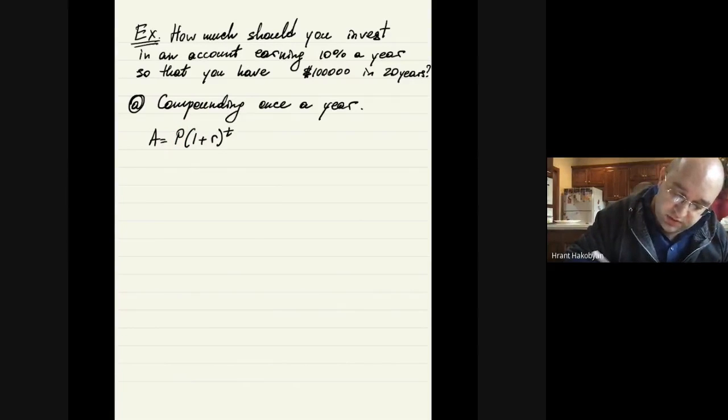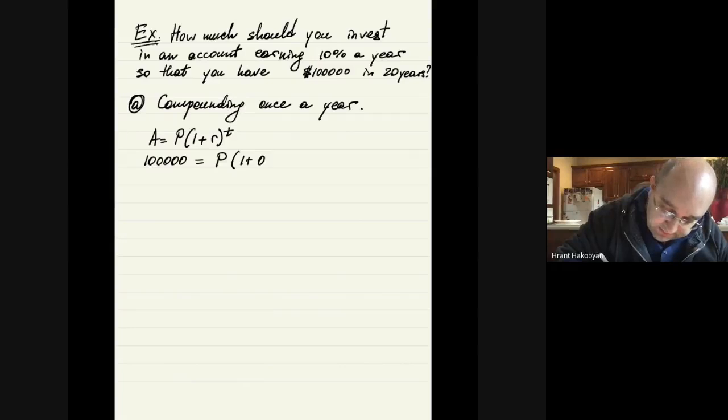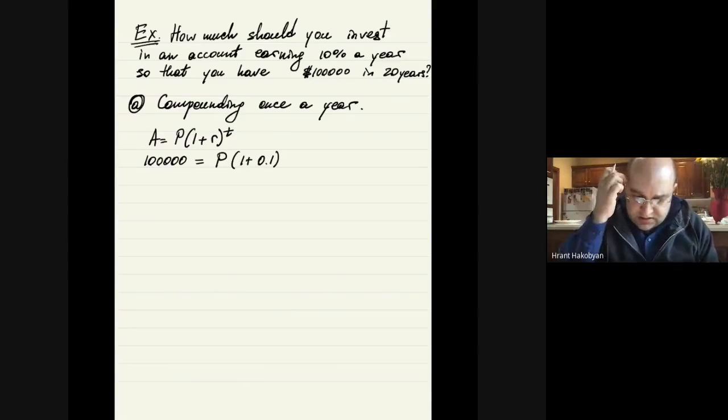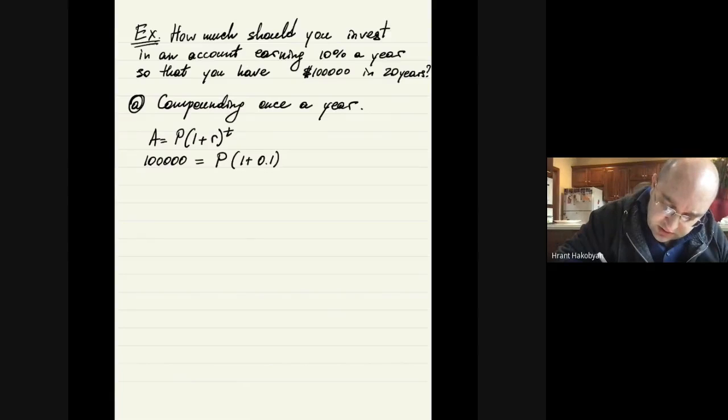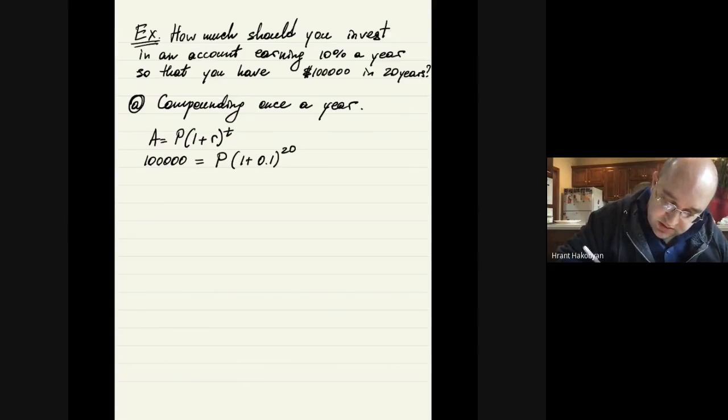So if you plug in all the information that's given to you, A would be 100,000. That's equal to P, the initial amount which you want to find out, and then you multiply by 1 plus, okay, what is the rate? Rate is 10%, so it's 0.1. And then T is the number of years, so I'm going to write here 20. Okay, so in this equation, all I have to do is find P, right? So let's simplify this a little bit.